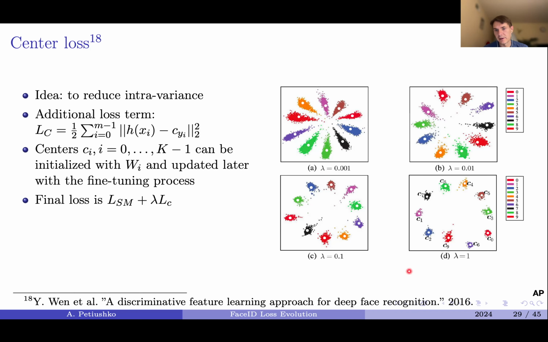And these are just illustrations. For example, when we have a very low parameter lambda, it's just the usual softmax loss, but when we increase lambda more and more, it really starts to concentrate around some clusters, as you can see here. And again, this is from MNIST, I guess. Yes, these are digits from 0 to 9.